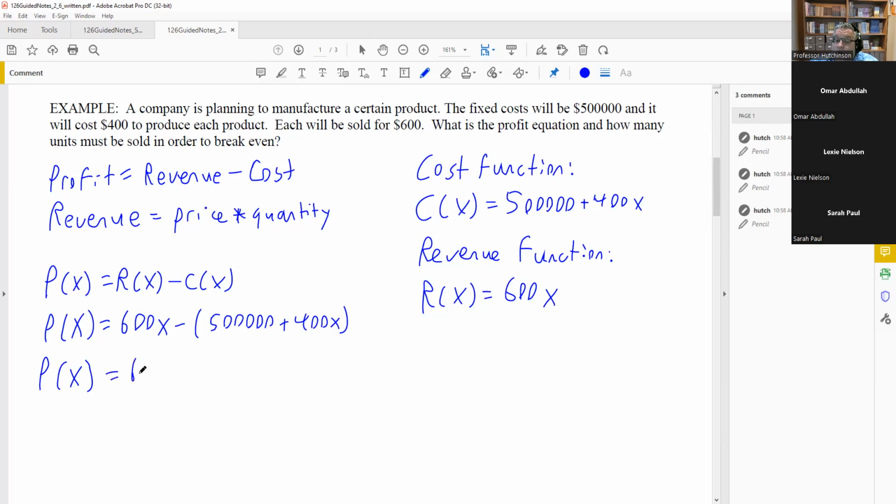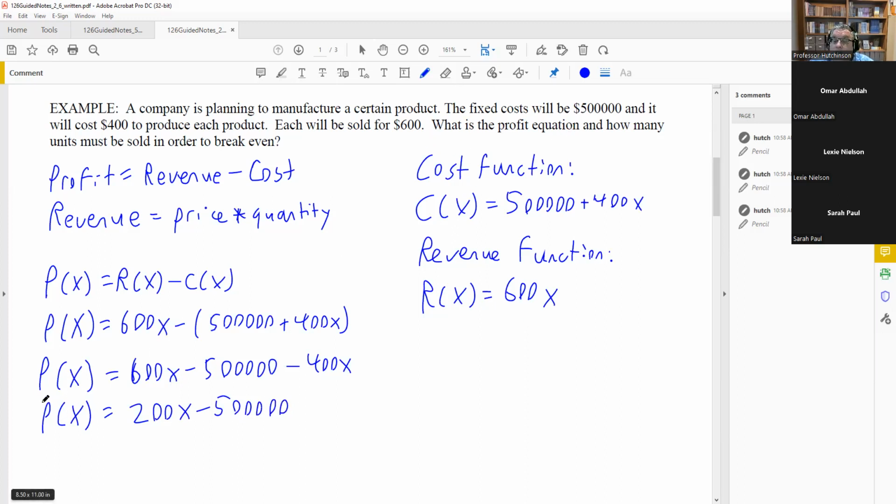So you get, if I distribute the minus sign, I get minus 500,000, and I get minus 400x as well. So negative has to apply to both of those, and I just have to simplify this, and I get 200x minus 500,000, and that right there is the profit equation. That would be the profit in terms of units sold X, that's a quantity. Okay, so that's the profit.